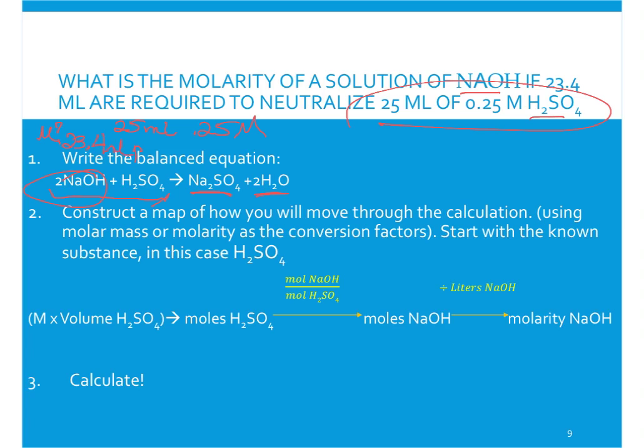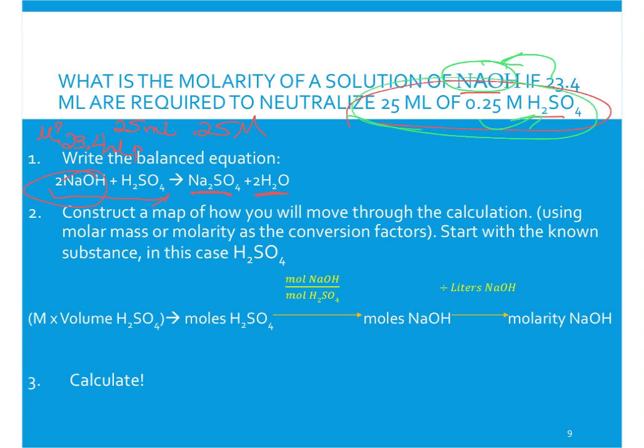Right. So I need a lighter pen. Let's try green. Okay, so just to remind you of where we're going from, you have information about both reactants. You have some information about sodium hydroxide, and you have more information about sulfuric acid.